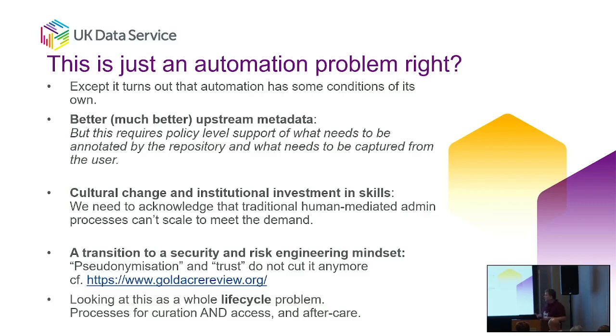And having done that, we need to be able to demonstrate at a granular level why what we currently call safeguarded data or end-user license data, which is minimally disclosive, we need to define the risk in a much more granular and structured way. It's not enough to say we're a trustworthy repository, you don't need to worry, because we push this data out and we know it's disclosive, it's just a matter of degree.